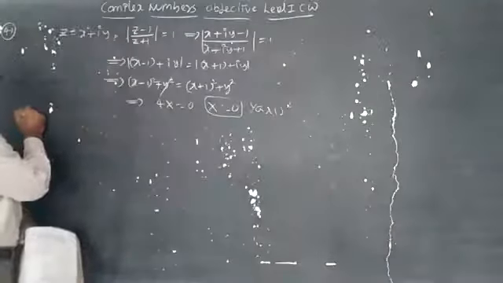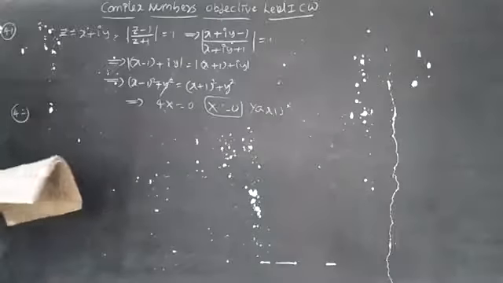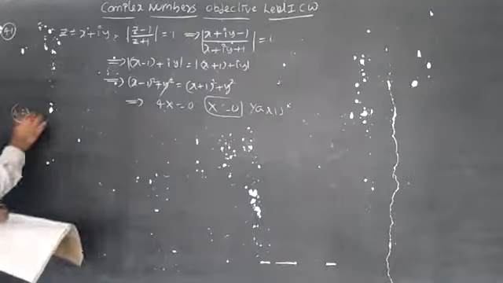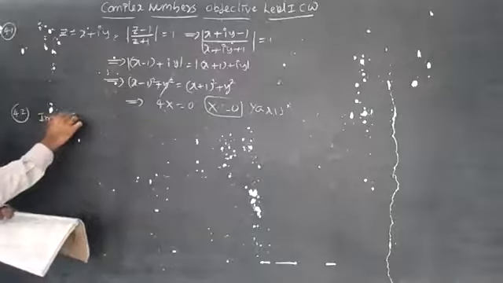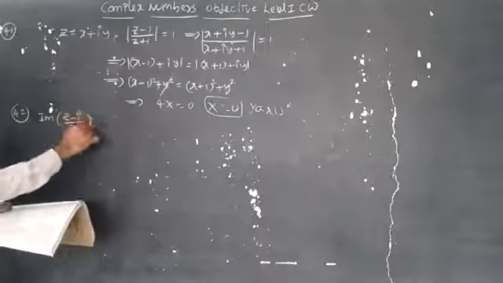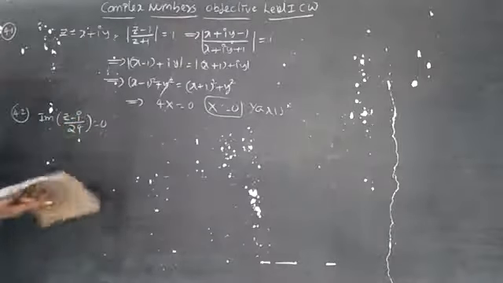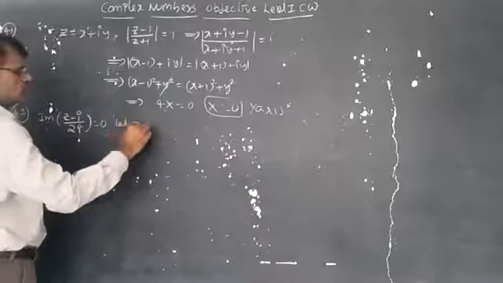42nd question. Imaginary part of z minus i by 2i equal to 0. Then what is the locus of z? Let z is equal to x plus iy.